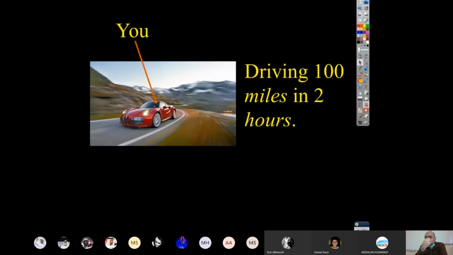So let's say you are driving a car and you're going 100 miles in 2 hours. Well, no. This is kind of scary. Let's say you are the passenger of a car and you're driving along 100 miles in 2 hours.